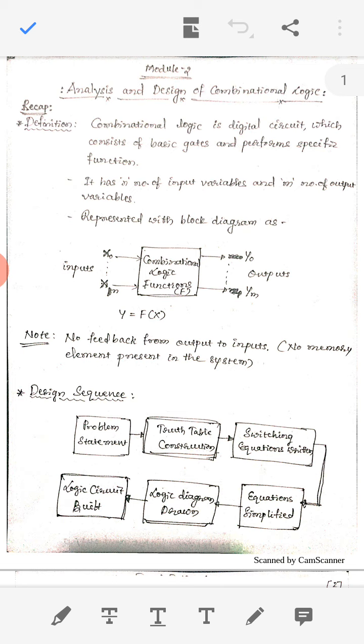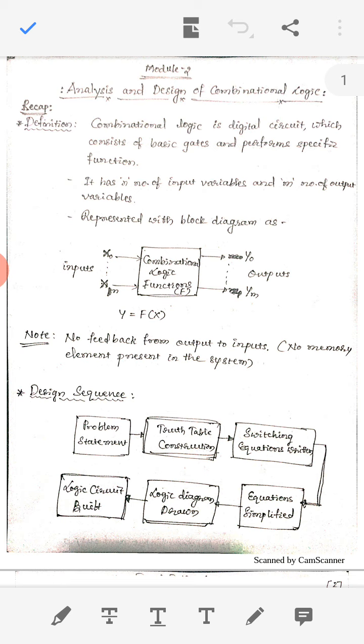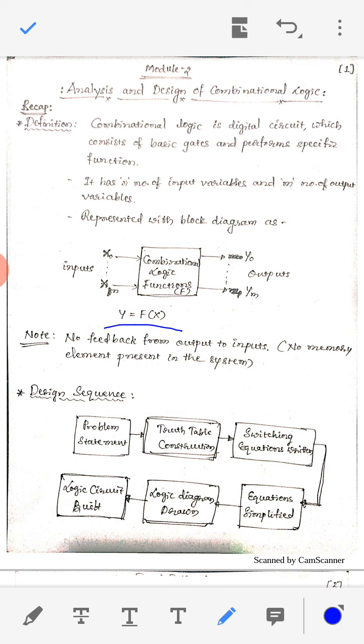We don't have any feedback from the output to the input. So this system we call combinational. Mathematically, y is equal to f of x, y is a function of x, with no feedback from outputs to inputs.